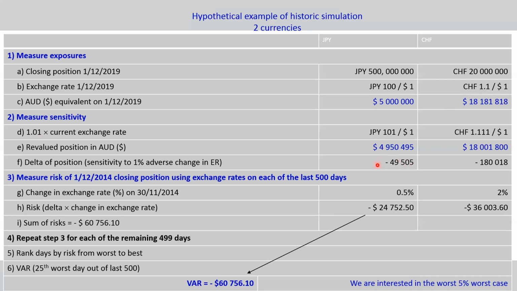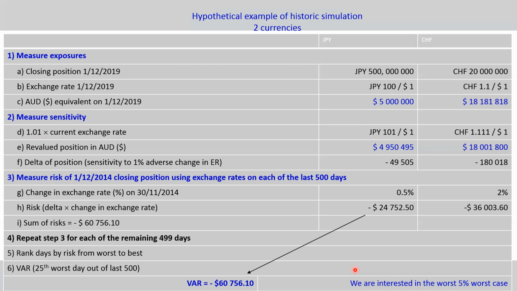And I multiply it by the delta. And I have to list it. And then when I list it, I will have 500 observations. I will sort them and choose the worst 25 days. Why 25 days? Because 25 days represents 5% of the observations, which is the 500 days.